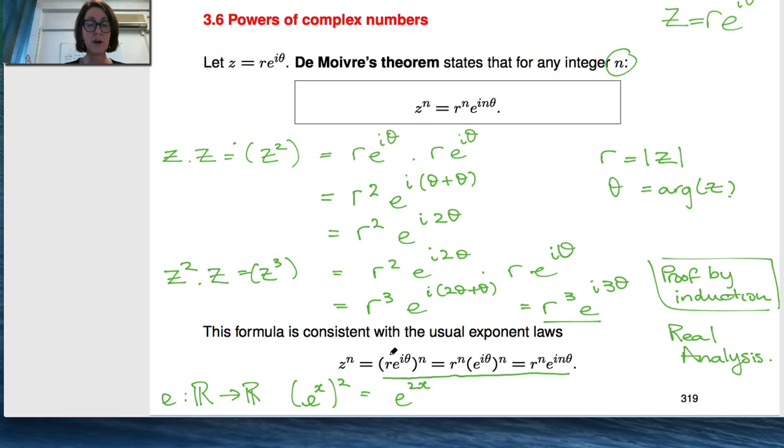So here we've got this function raised to the power n, so that's just r to the n times e to the i theta to the power n, and so we just multiply the exponents together. So that's what we would expect when we're thinking about the real exponential function.